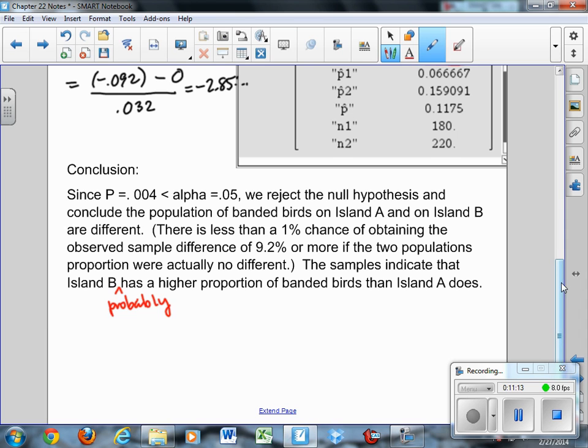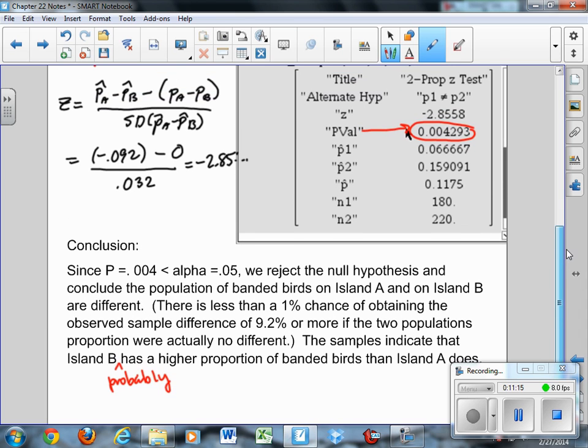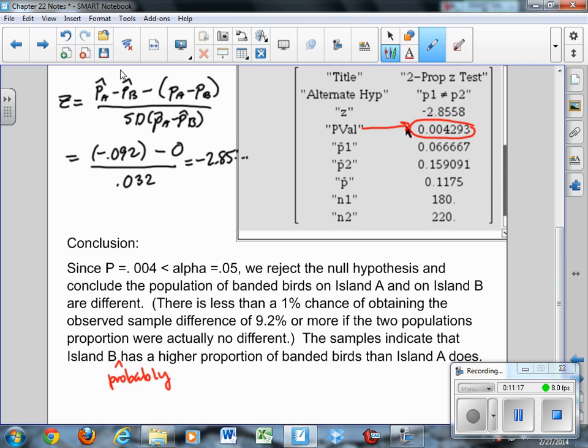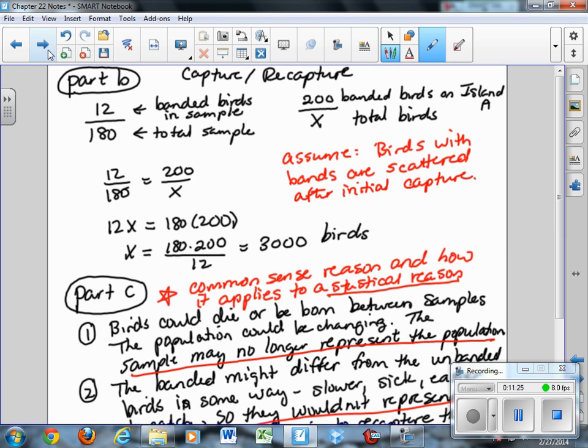Let me talk about part C and D. However, if you haven't tried them yet, stop and do those first before you listen to this. In part B, how do you estimate the total population of birds on the island from just one of these samples? Well, in the information given, it says that they banded 200 birds on Island A. So out of all the total birds, 200 out of X birds were banded. When they came back, they got a sample of 180, and 12 of them were banded.